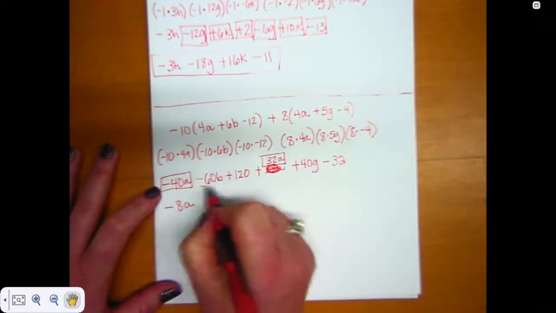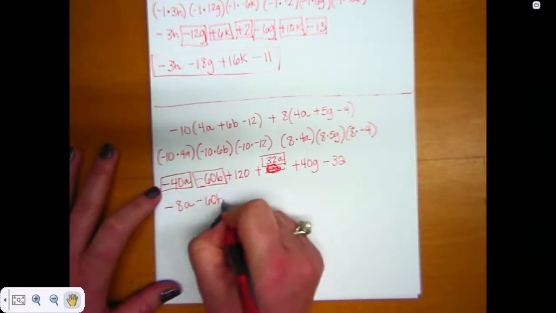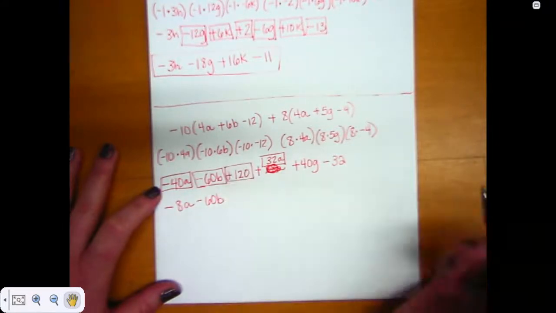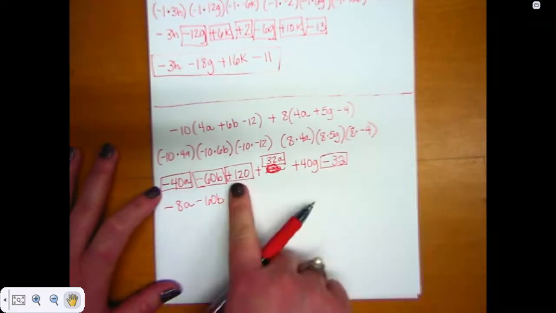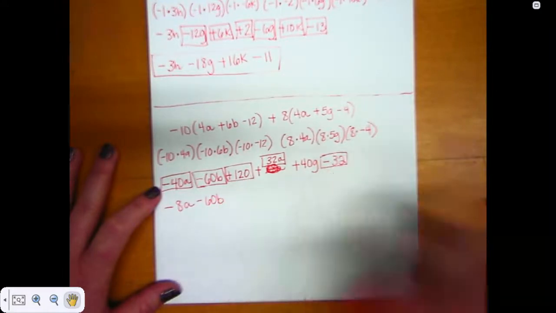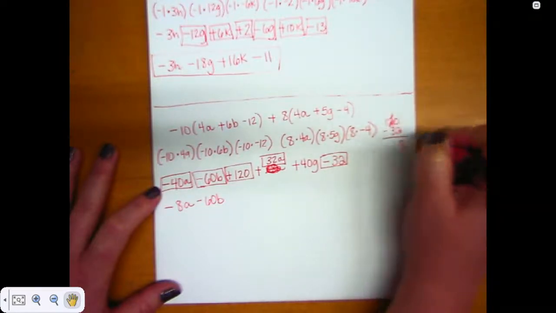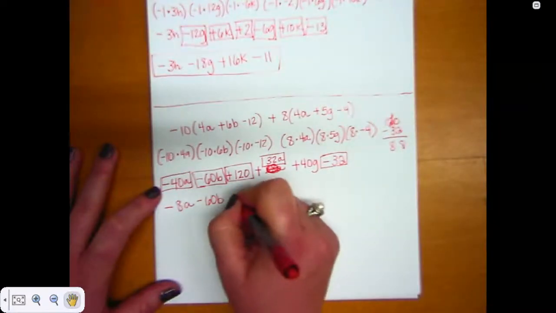I don't have any more b's, so I'm going to bring that down, negative 60b. I'm going to check for constants, which is just a regular number. I have 2. They are different, so I'm going to subtract. And 120 minus 32 is positive 88.